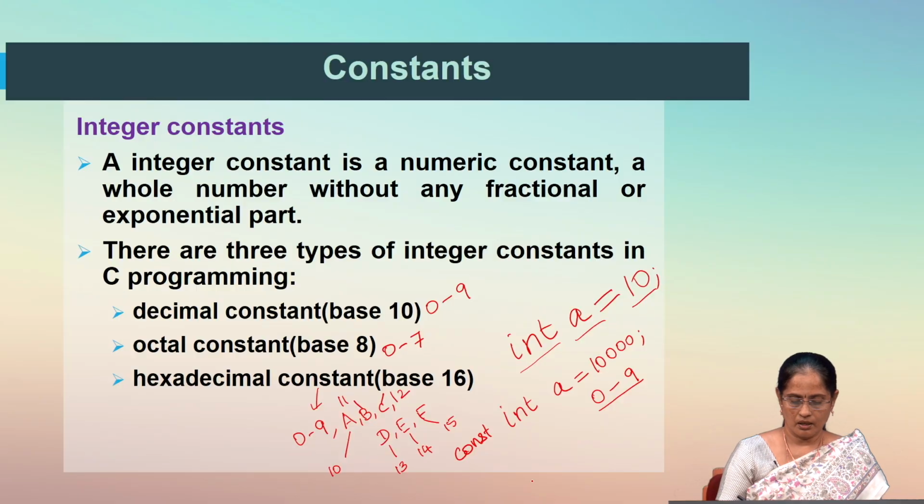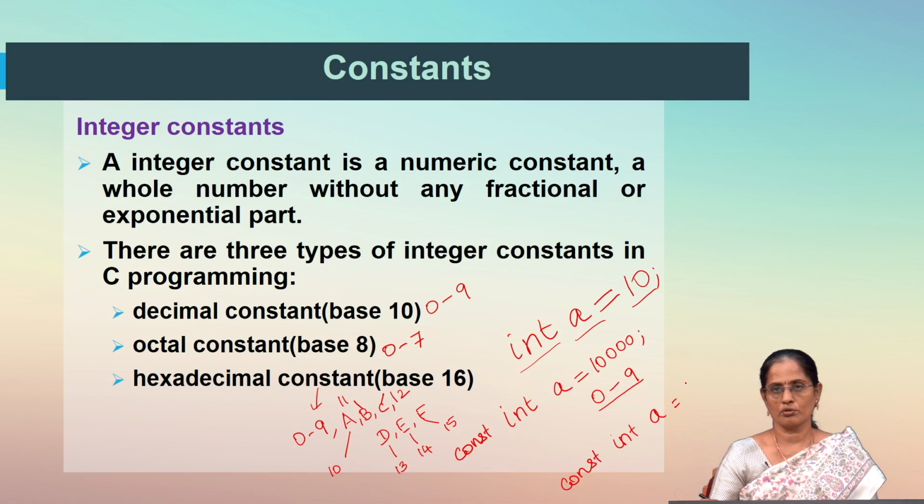I can write const int a equal to. Since I am going to use the hexadecimal number system, I have to differentiate it with 0x. 0x differentiates that it is a hexadecimal constant. With 0x, I can start defining the hexadecimal number.